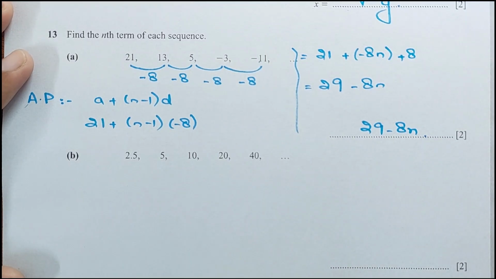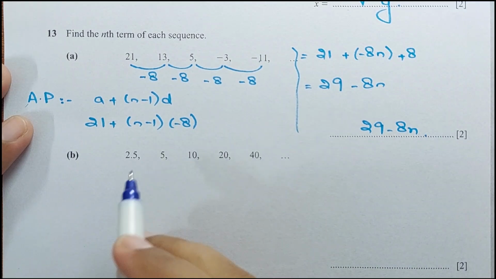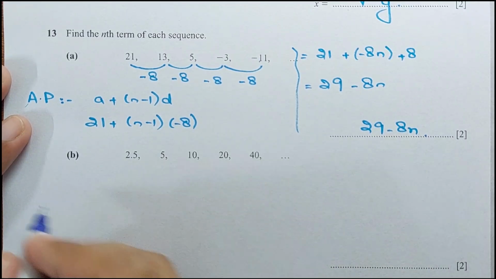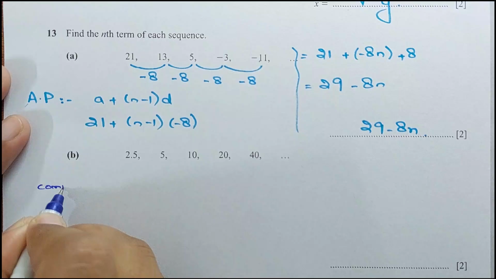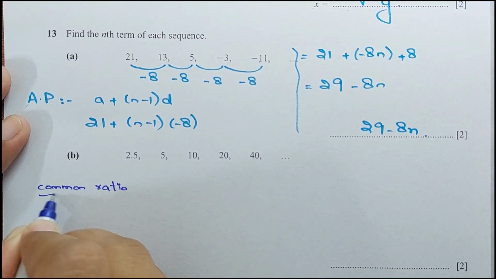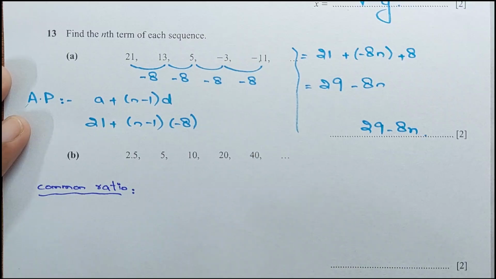Okay, moving to part B. Let me figure out the nth term for that sequence. I don't think it has a common difference. Let me find out its common ratio. So what is common ratio?